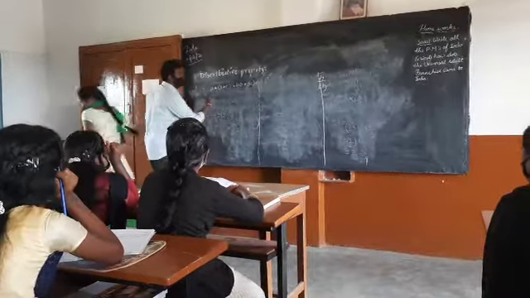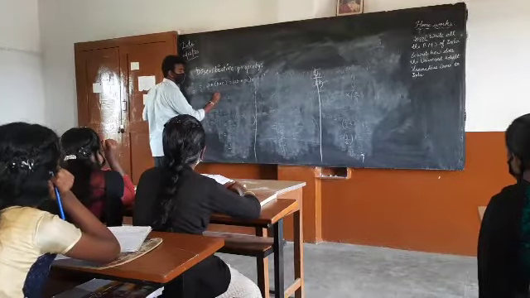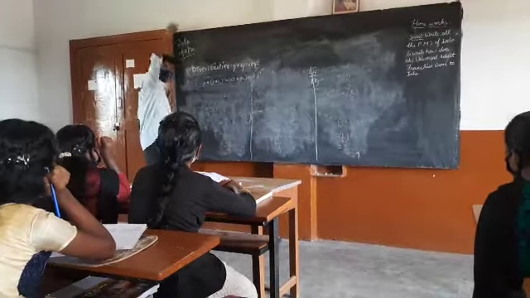Yes, yes, yes. She's almost right. A star, B star, C. This comes under associative property.